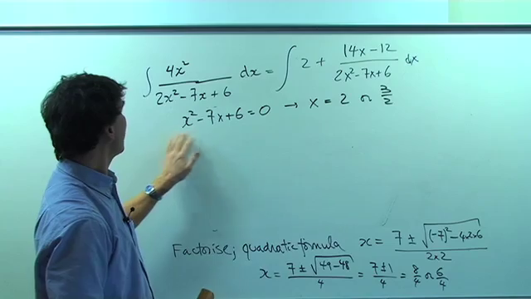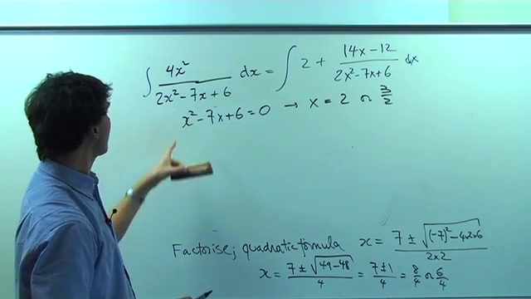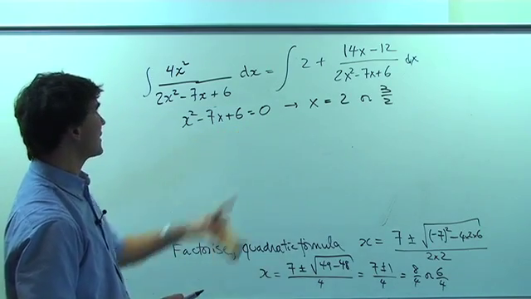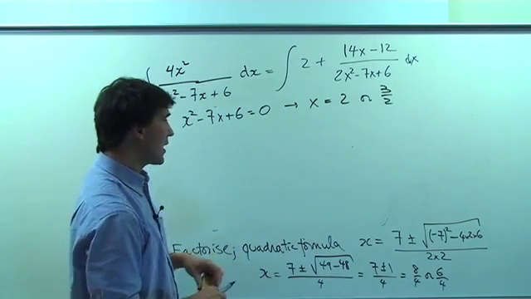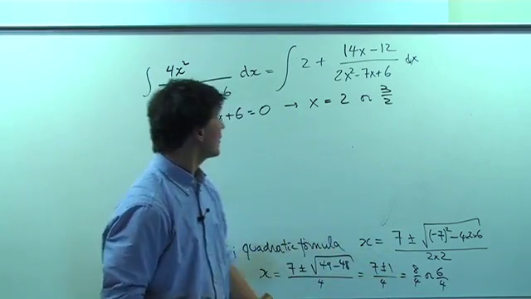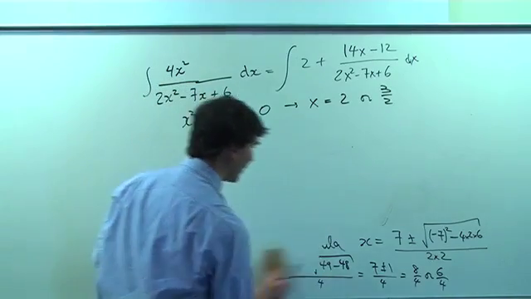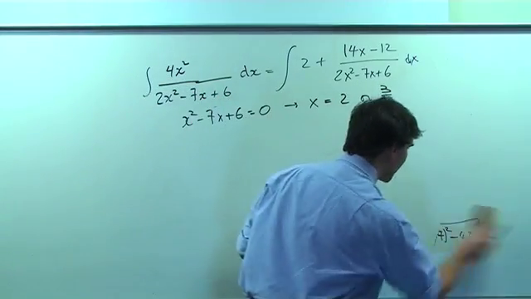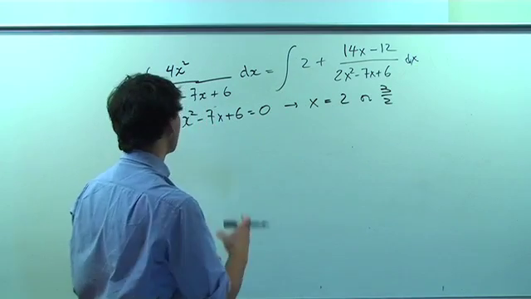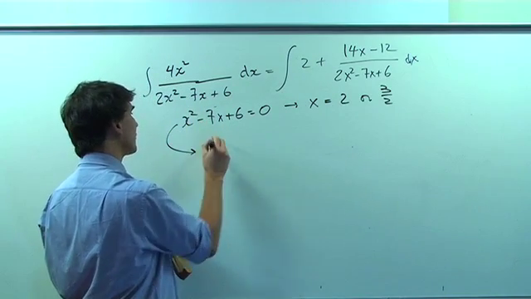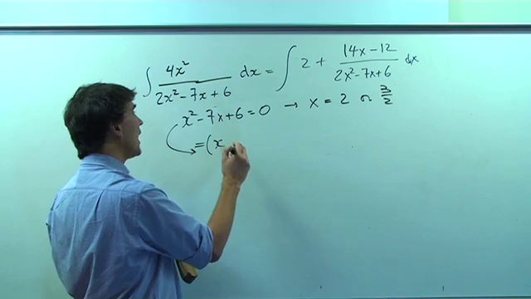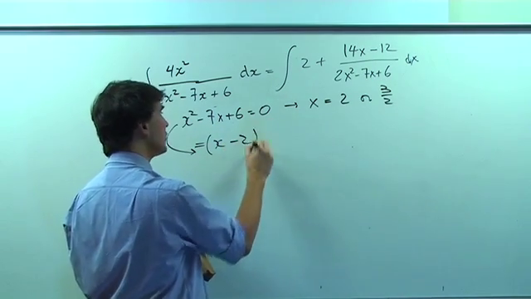And we're trying to factorize the denominator, so we wrote 2x squared minus 7x plus 6 equals 0, and we've used the quadratic formula to get x is 8 over 4, which is 2, or 6 over 4, which is 3/2.